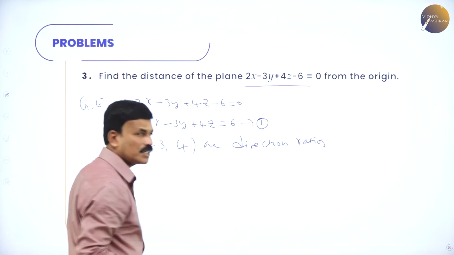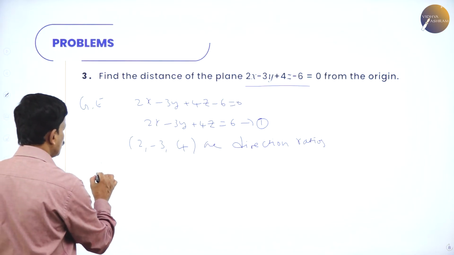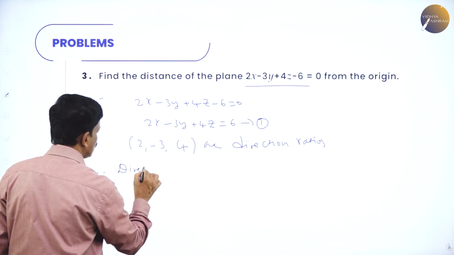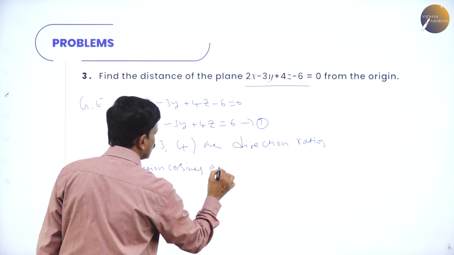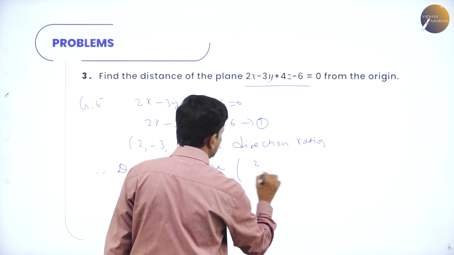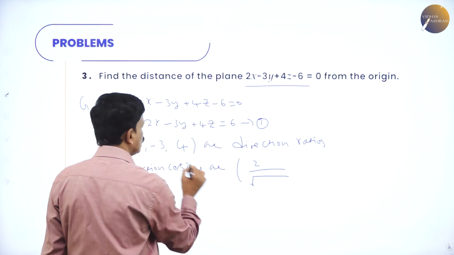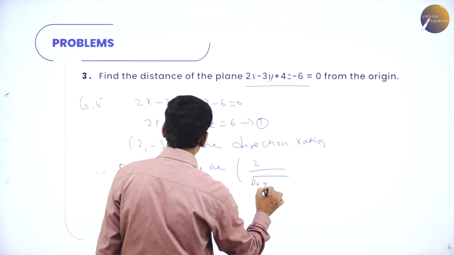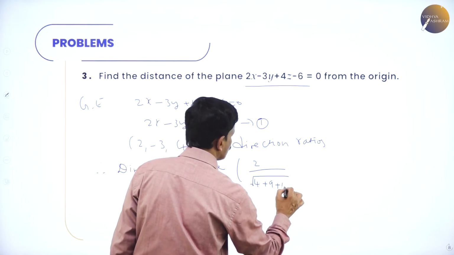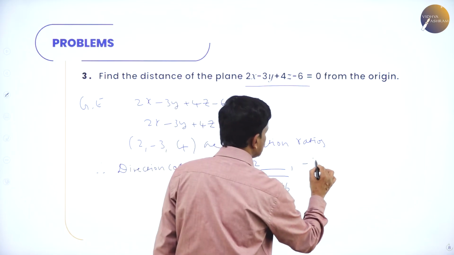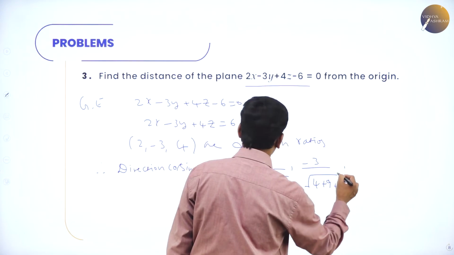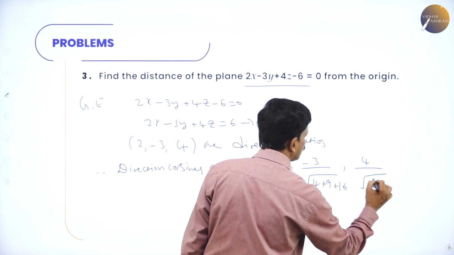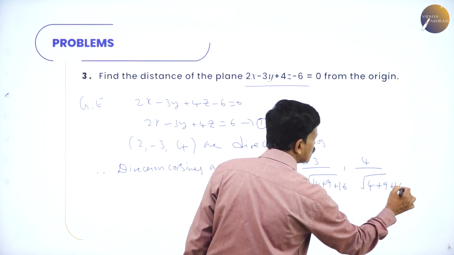Now, find out the direction cosines. Therefore, the direction cosines are 2 divided by square root of 2 square is 4 plus 3 square is 9 plus 4 square is 16, minus 3 divided by root of 4 plus 9 plus 16, 4 divided by square root of 4 plus 9 plus 16.